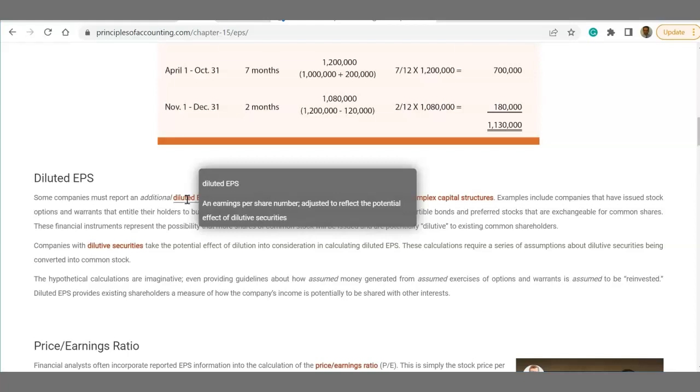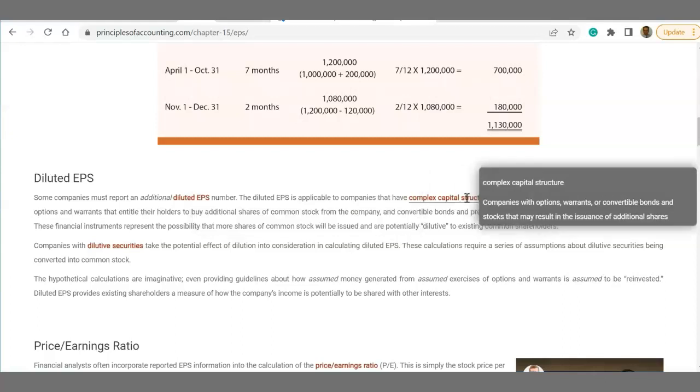And then you have to calculate the diluted earning per share, which shows you the worst case scenario, assuming every single thing that might be converted to common stock gets converted to common stock. So companies with options, warrants, convertible bonds, and stocks might result in issuance of additional shares, right?